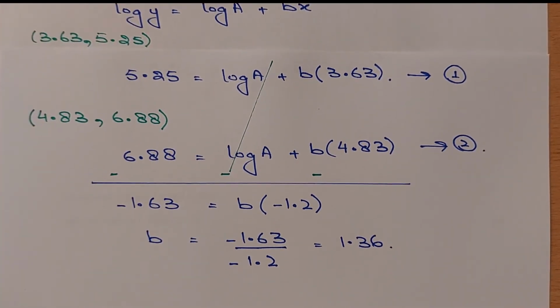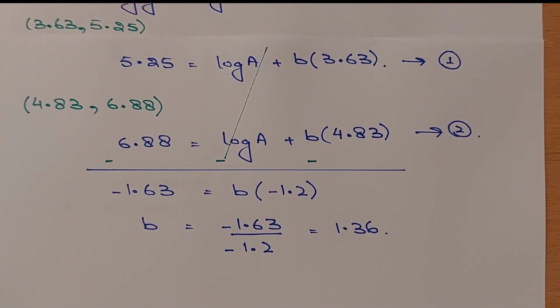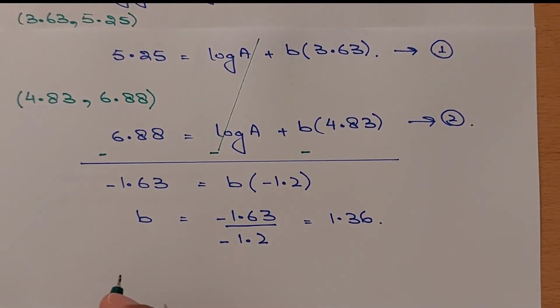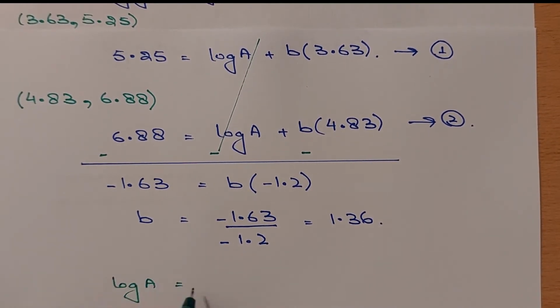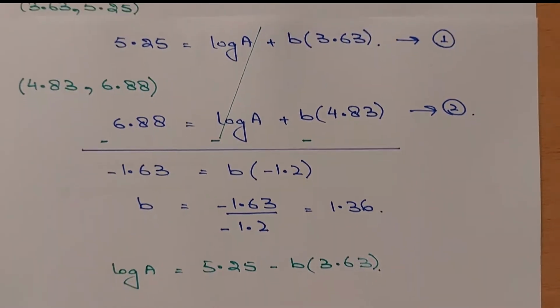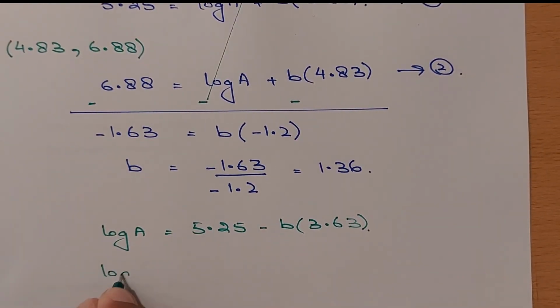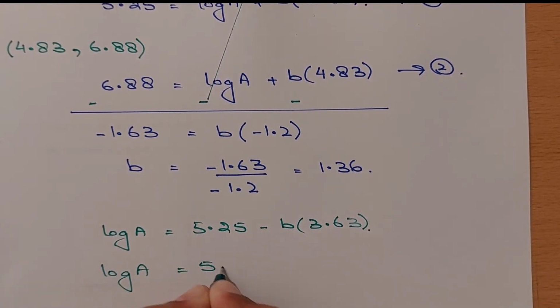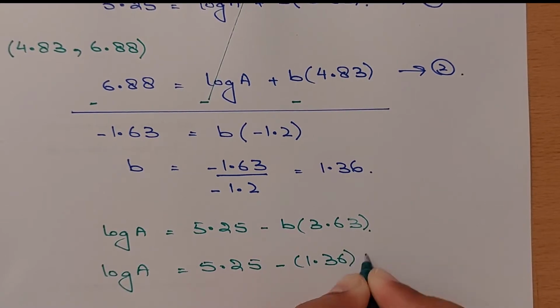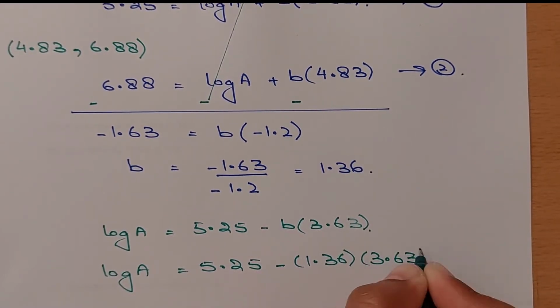Now substituting the b value, we will get the a value using the first equation or the second equation. Let me substitute into the first equation. So log a equals 5.25 minus b times 3.63. Now with the b value, log a equals 5.25 minus 1.36 times 3.63.